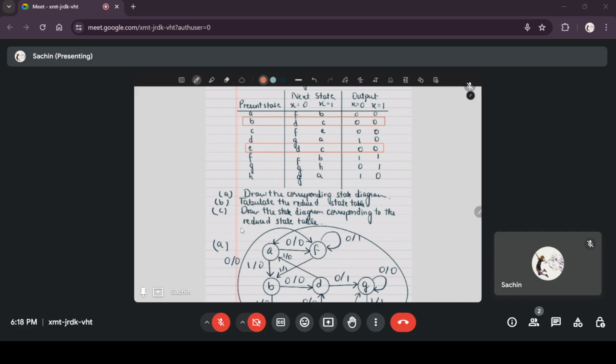So B and E are equivalent. D and H are equivalent. D and H, B and G, B and E.